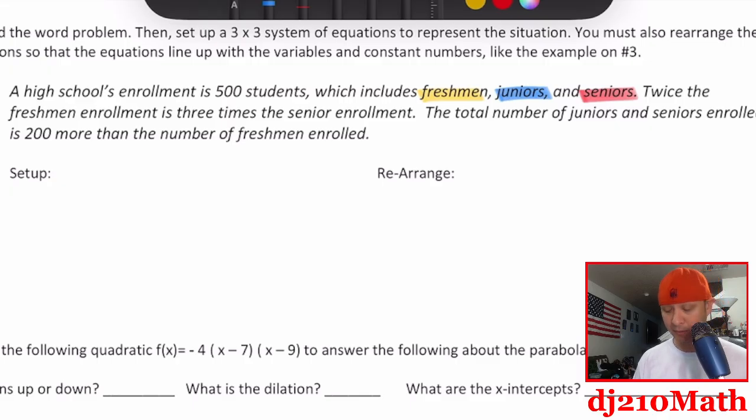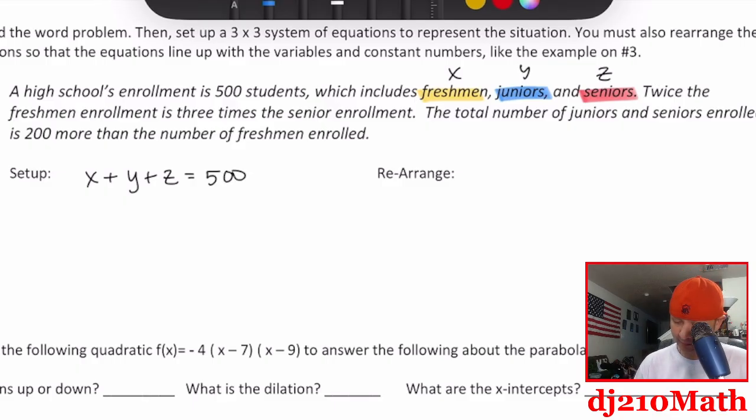So we'll just call it X, Y, and Z. We can call it whatever you want, but X, Y, and Z is typically what we use. So X plus Y plus Z is equal to 500.